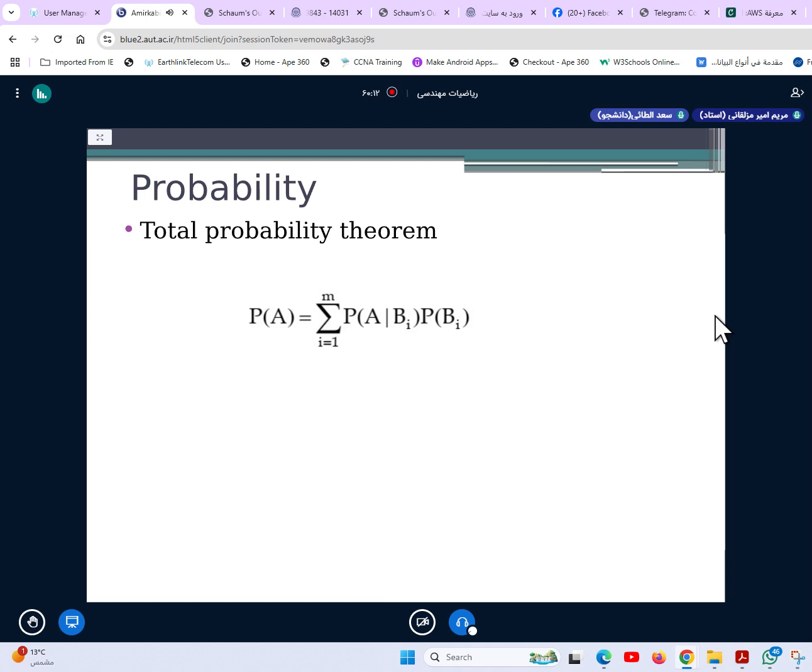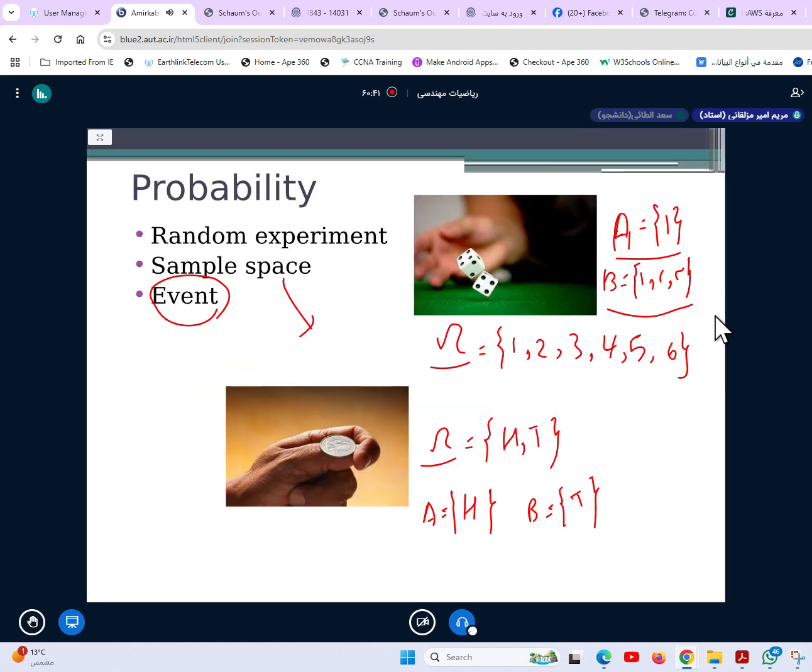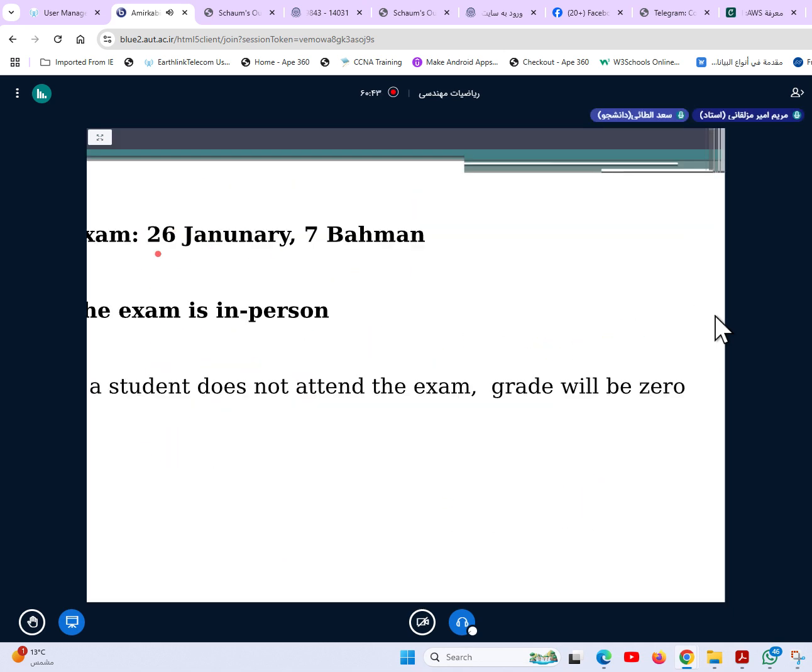Salam alaikum. Doctor, we're already talking about probability. My question: at first in the lecture you spoke about the day of the exam. Will all these lectures be added to the other lectures for the exam, or is it different? The exam is on 26th January, or 7 Bahman, and it's in person.